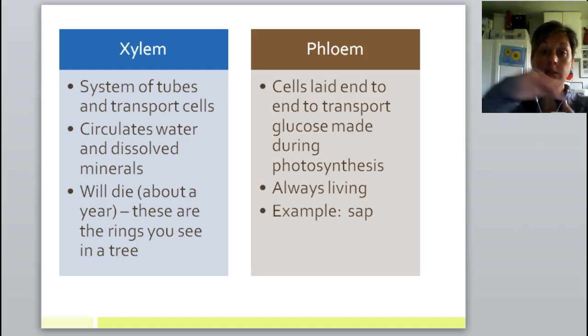The rings within a tree are the xylem. Every year the xylem will die and new xylem grows on the outer circle, so you can see that. Phloem are the cells that are laid end to end, and they transport glucose after photosynthesis. The phloem is always living, and an example of it would be sap.